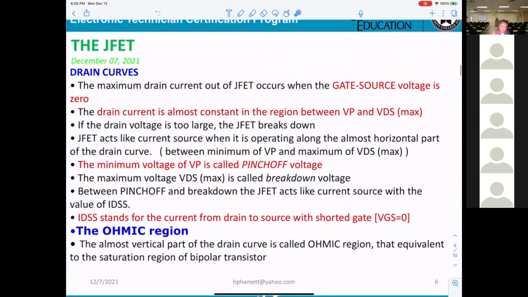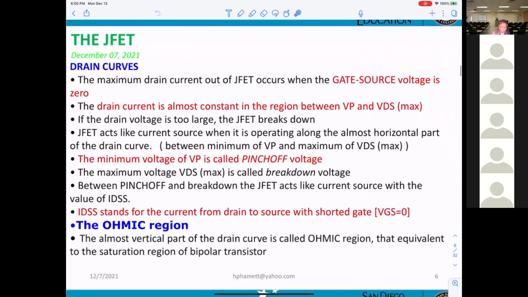Okay, if not, this is what you need to read over. The maximum drain current out of the JFET occurs when the gate source voltage is 0, or you can say VGS shorted. That's the same thing. The drain current is almost constant in the region between VP and VDS max, before they break down.